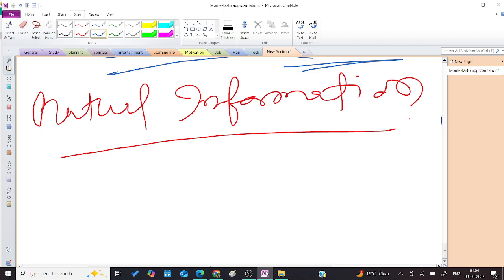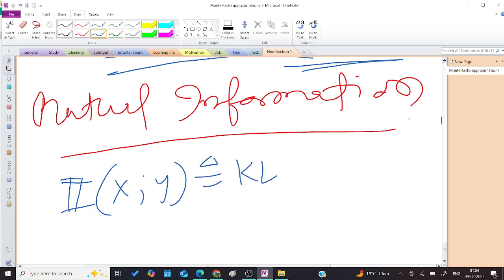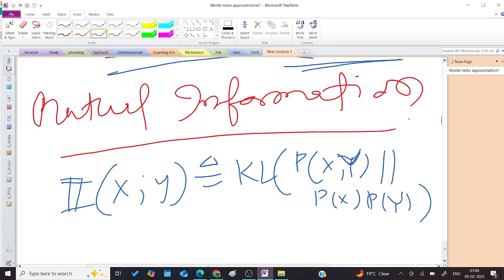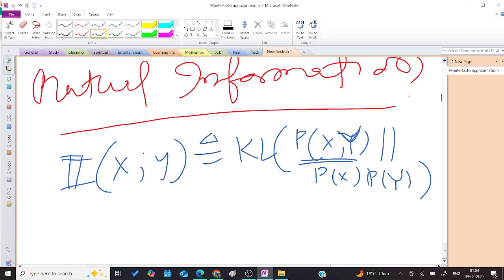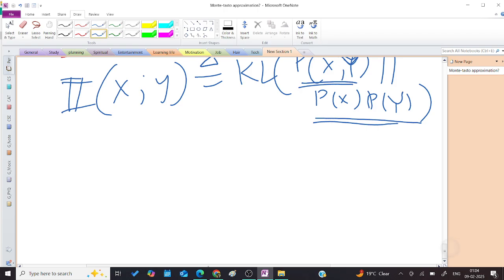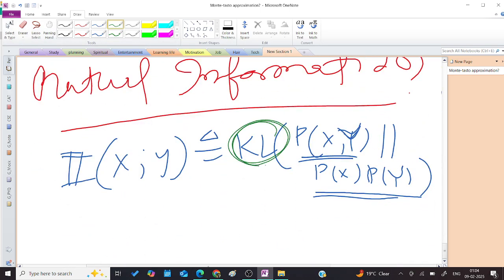It is given by capital I(X, Y), by definition, the KL divergence of p(x, y) and p(x)p(y). So this is the joint distribution and this is the independent distribution.